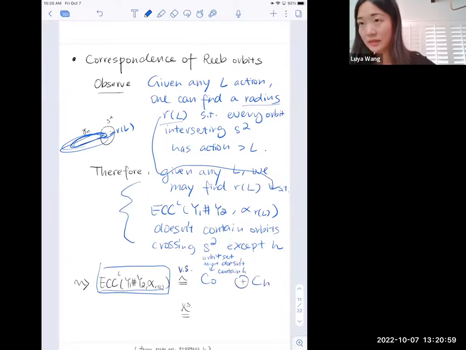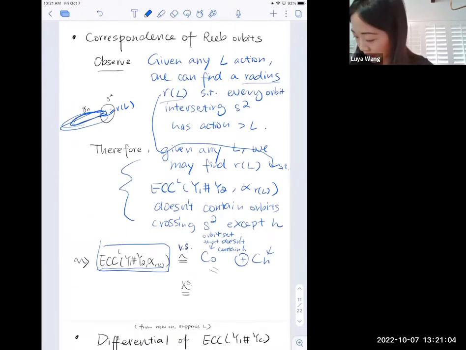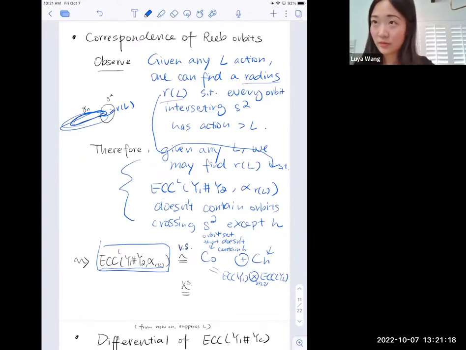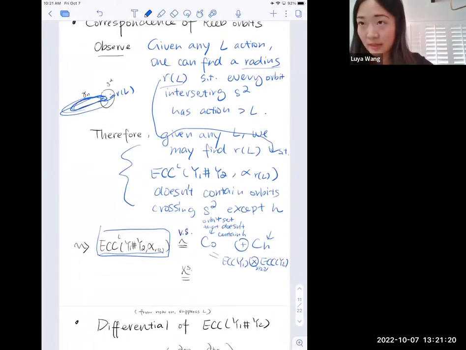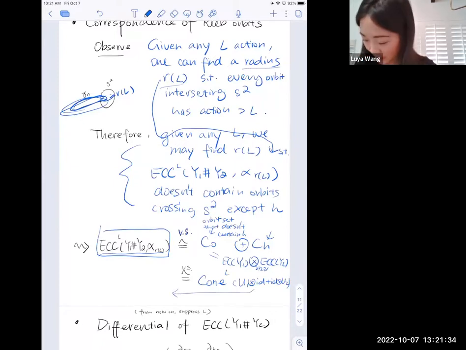and orbit sets that contain the hyperbolic orbit. Both of them are just ECC(Y1) tensor ECC(Y2), so you're taking all the combinations of the orbit sets. As a vector space, this is the same as U1 tensor identity plus identity tensor U2. I need to tell you where this chain map goes.